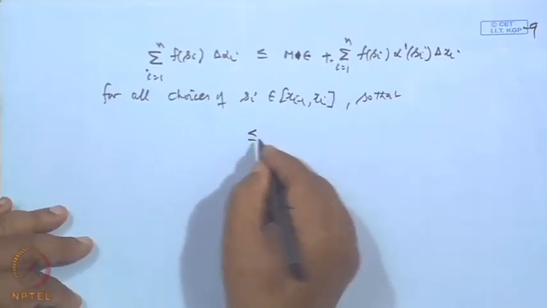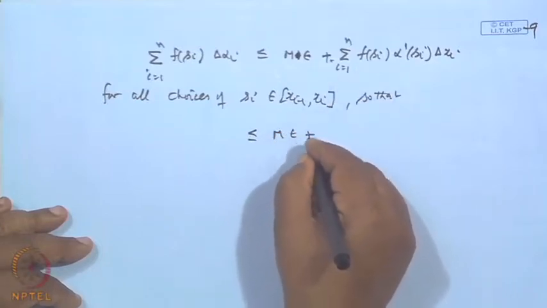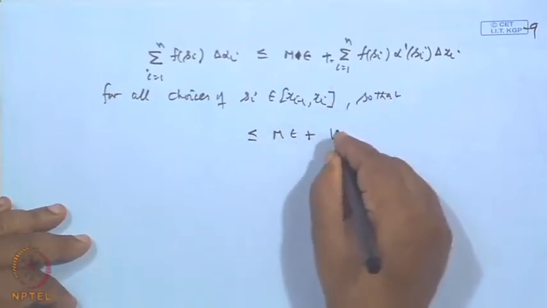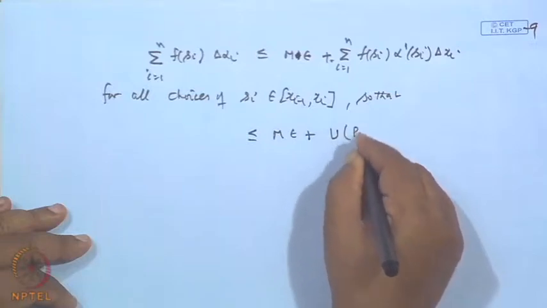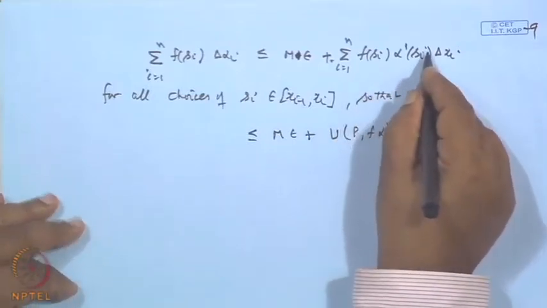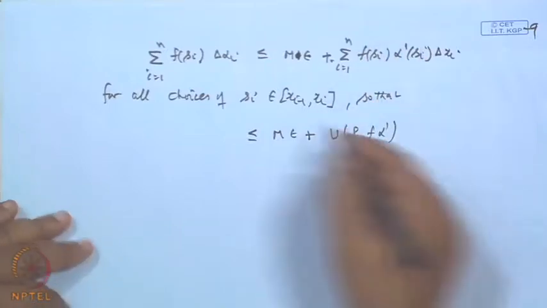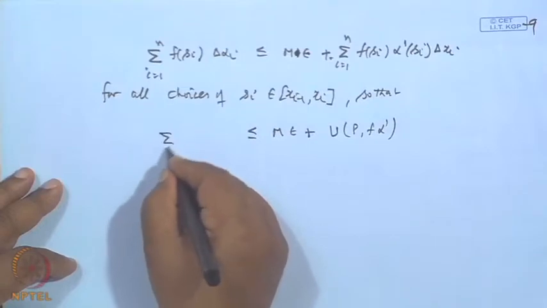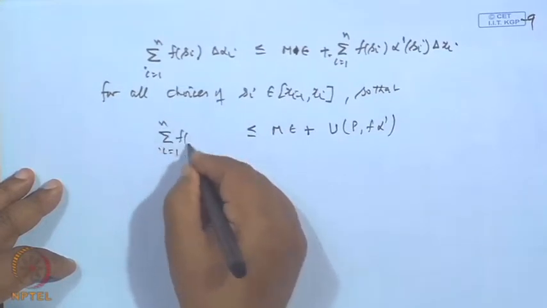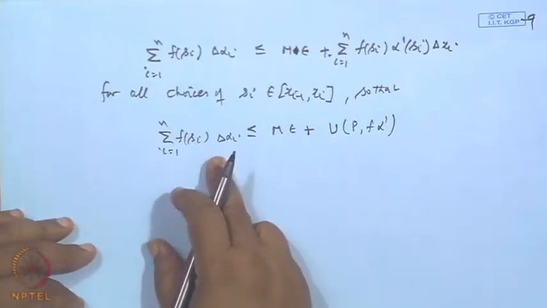This is less than or equal to m epsilon plus the upper bound of the function f alpha dash, because this is the f alpha dash function. So, replace this by its maximum value. So, you are getting the upper bound for this, which is less than or equal to the sum from i equal to 1 to n of f of s_i delta alpha_i. Now, take the upper bound for this.